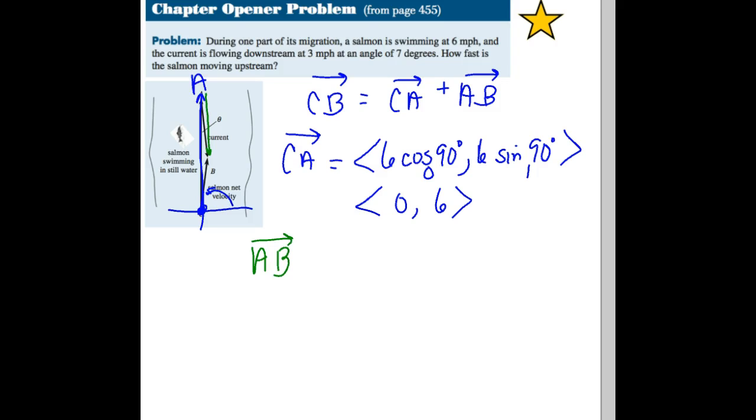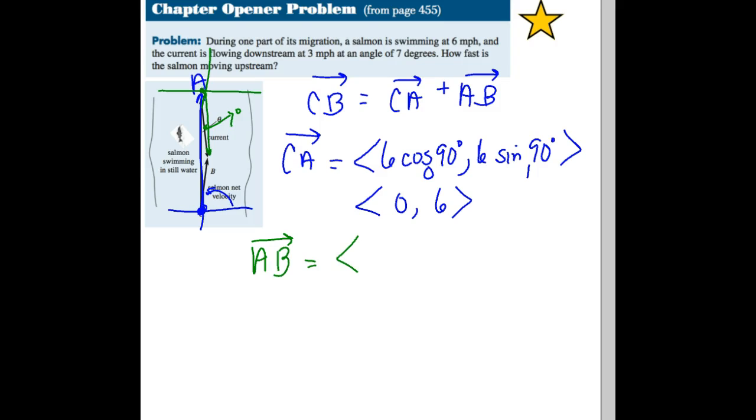Okay, this is the current. What do we know about that? It's going 3 miles per hour and, okay, now be careful here. The 7 degrees based on our picture is this theta here. But what is the direction angle?